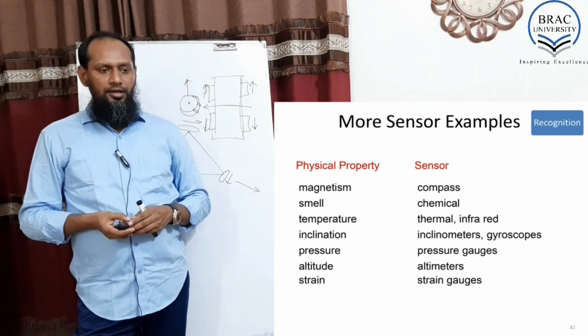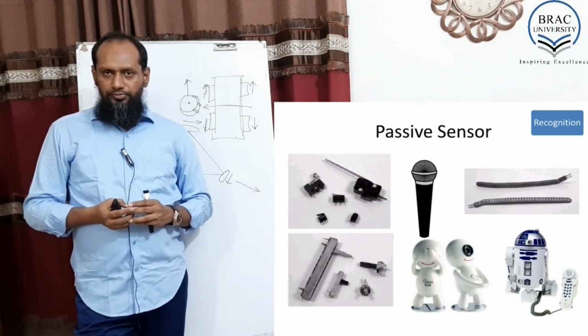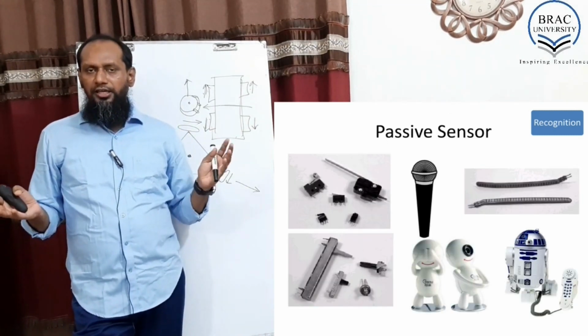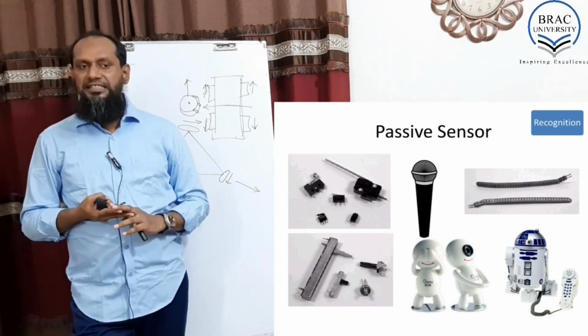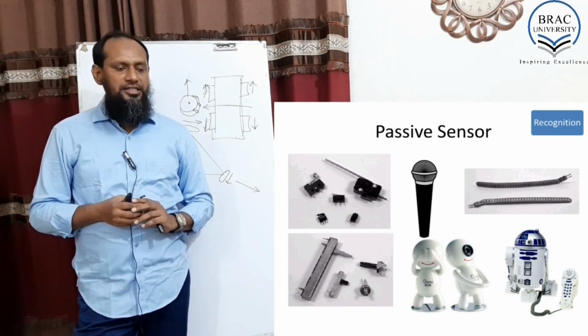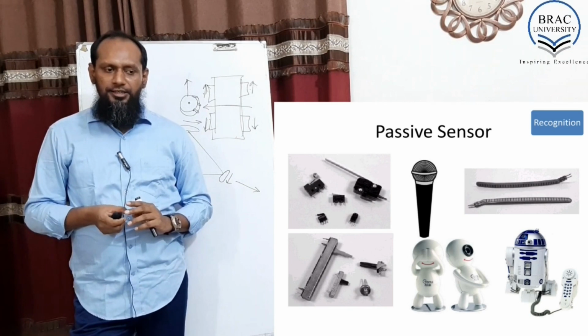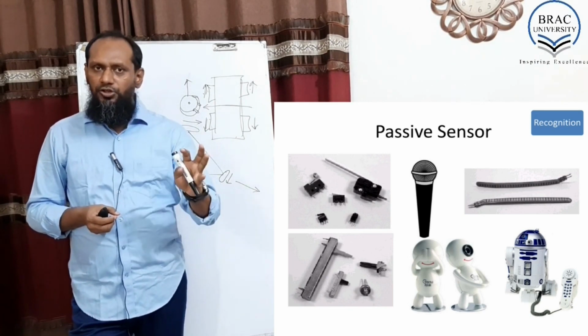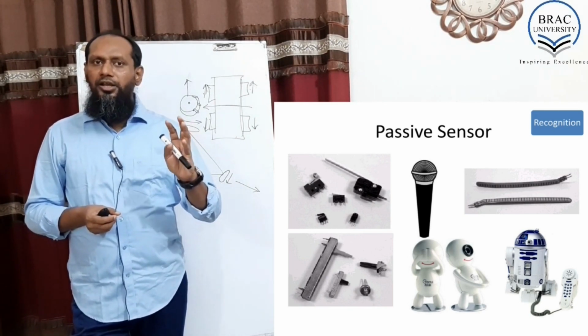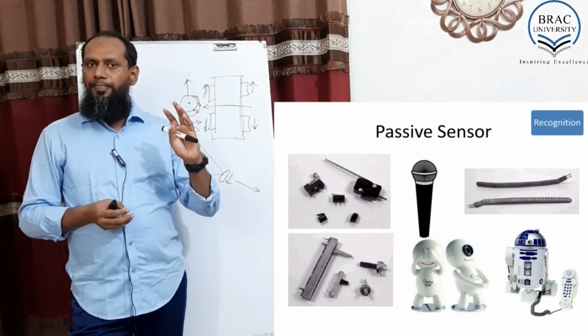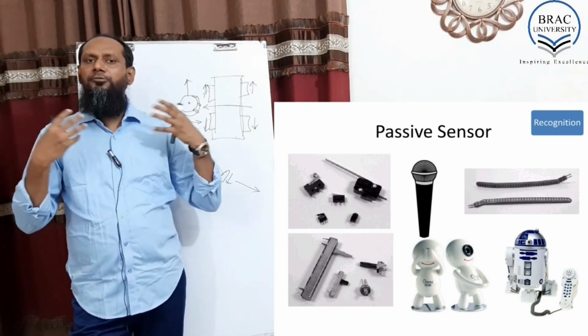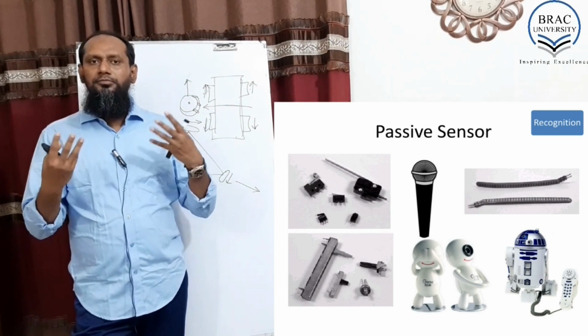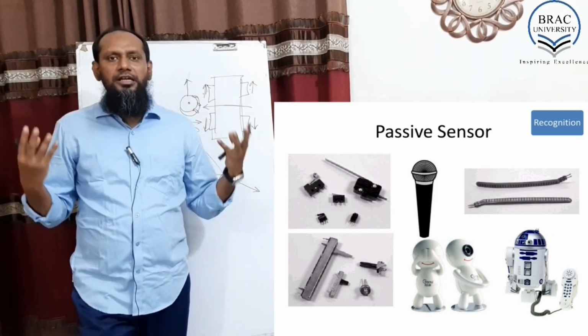Here we are saying there are two types of sensors. One is passive, another one is active. Passive means this sensor doesn't require any emitter. It just senses the environment directly.